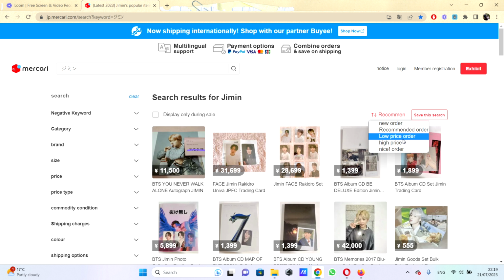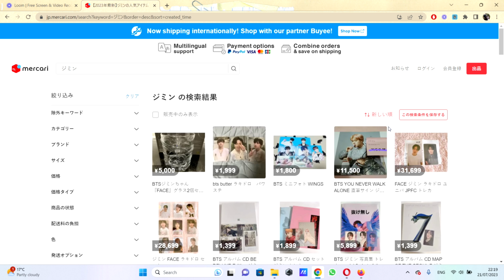I don't recommend from the lowest though, because the lowest price on Mercari Japan is 300 yen, and a lot of people just put in 300 yen and then the real price in the description, which is not going to help us. So I just do new. Generally, if it's new, then you're more likely to hop on the good deal, so to speak. So anyway, now we sorted by the newest order.